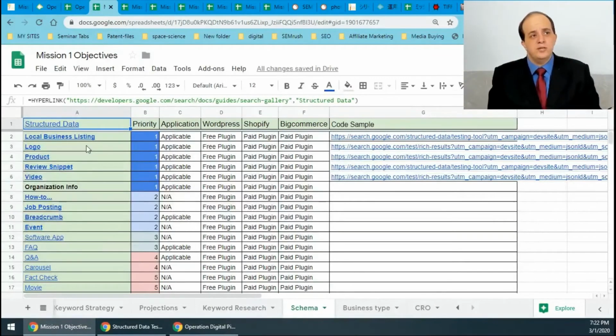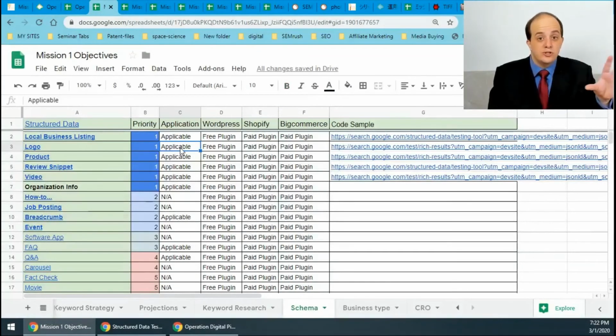Most companies don't even put their logos in structured data so that their logos show up on Google instead of just having plain old text. And that's the most basic thing ever. There are product listings. There are so many different techniques. And this is something that we go through one by one to determine which of the structured data and featured snippets are relevant to the business.